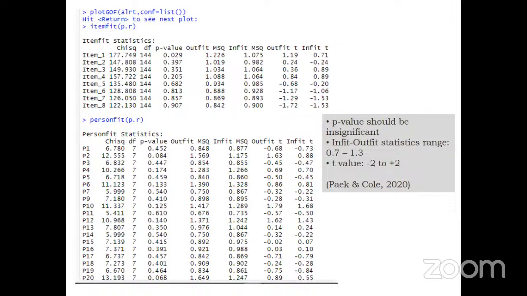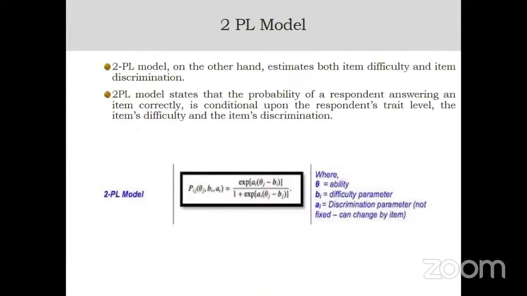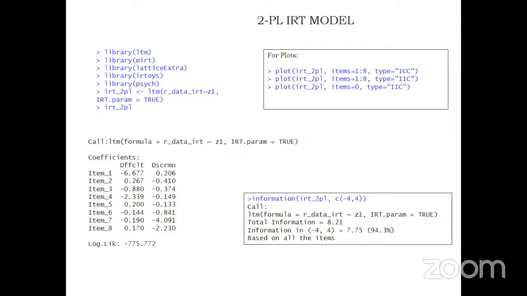We also check the infit and outfit statistics for getting a very detailed understanding of whether each of these items is working well or not. For the 2PL model, again, you can fit the 2PL IRT, and let me tell you that most of the time you will find that the 2PL model fits way better than the 1PL model or the 3PL model, because 1PL models are oversimplified, not giving you any indication of the discrimination levels of the items, and 3PL models are quite complicated.